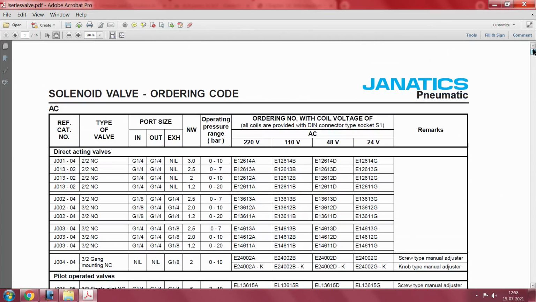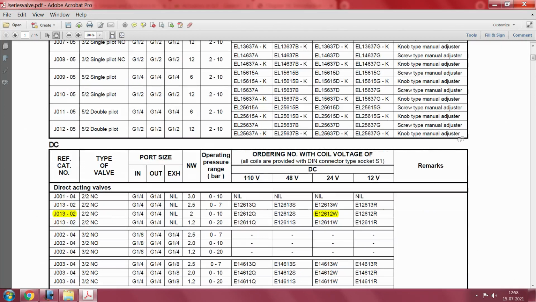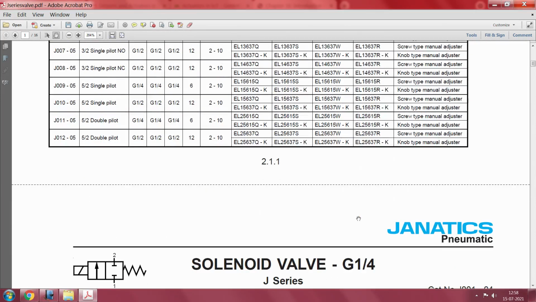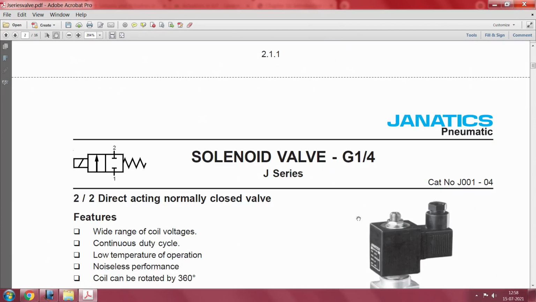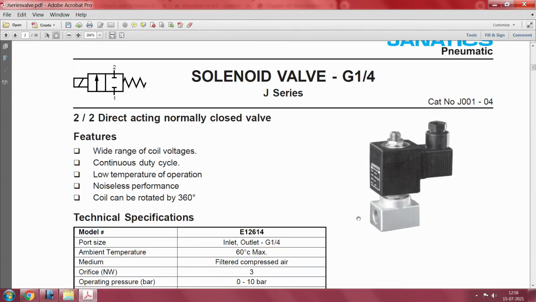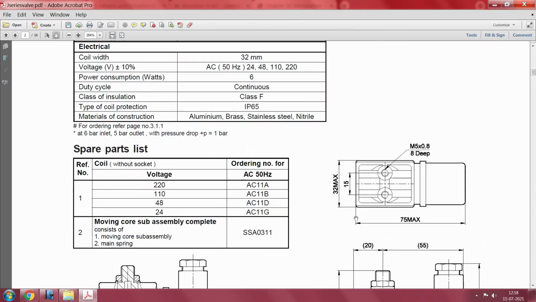This is a solenoid valve, and the solenoid valve of interest that we would like to demonstrate is this model E12612W, and again as we just discussed, it is important to know the technical specifications of this solenoid valve. So, you have to go there and look up the specifications in great detail.